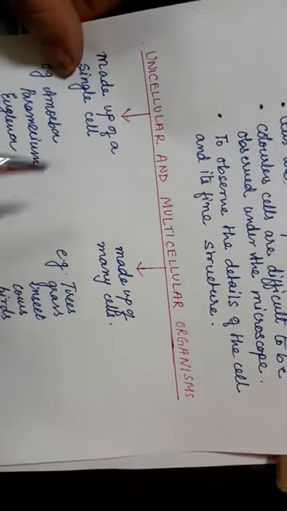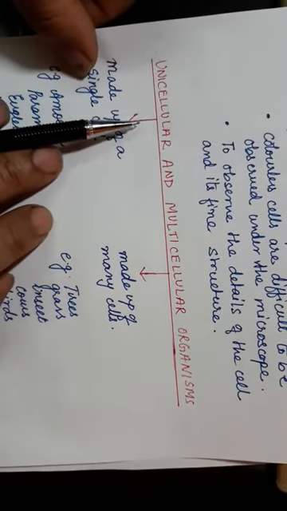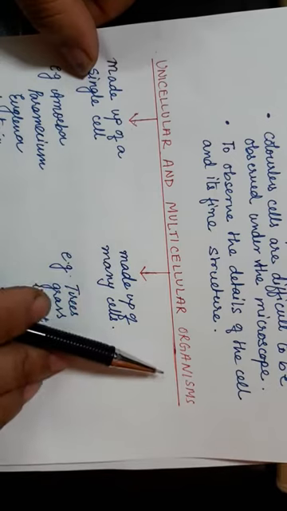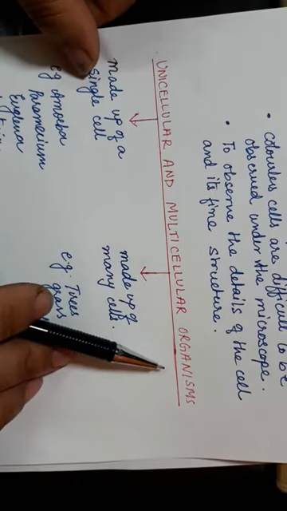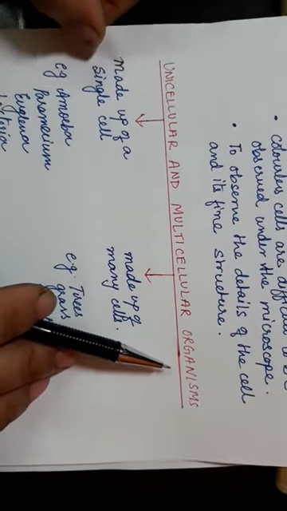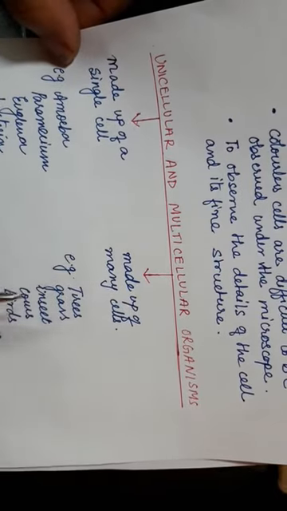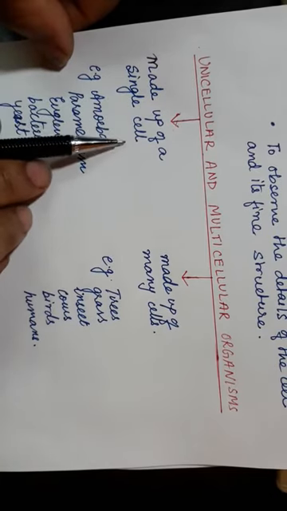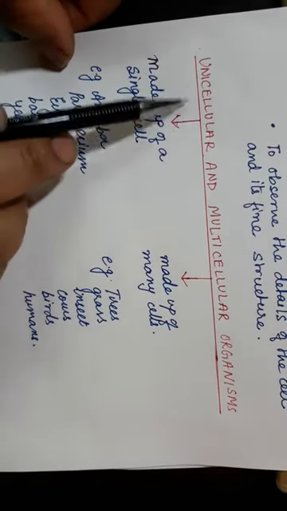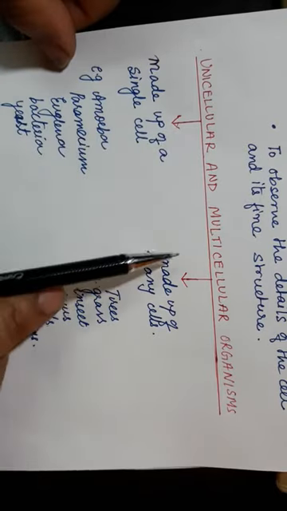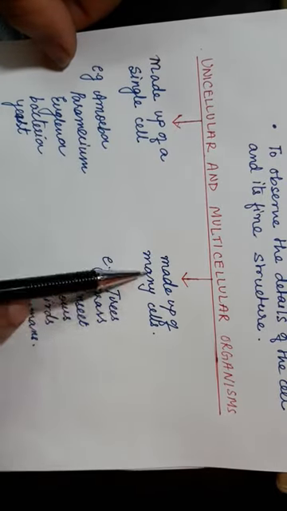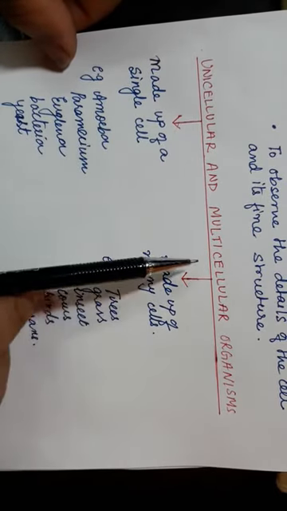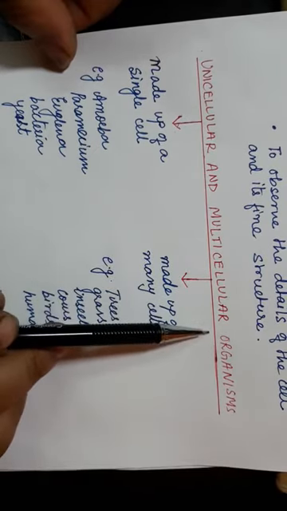Next we come to the topic of unicellular and multicellular organisms. These two differ on the basis of the number of cells present in an organism. The organisms which are made up of a single cell are called unicellular, whereas the organisms which are made up of many cells are considered multicellular.